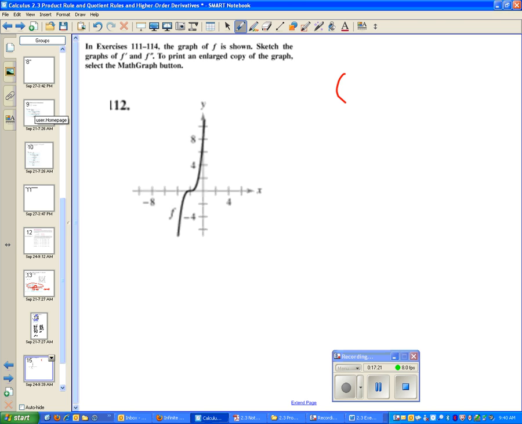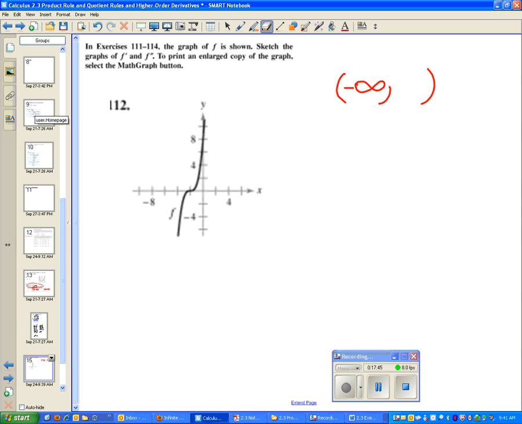Start at the far left of the graph and go to where something seems to be happening to f, which would be right about -4, wouldn't it? What's the graph of f doing?